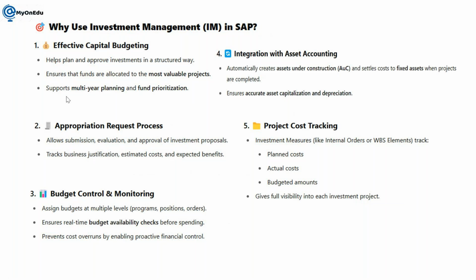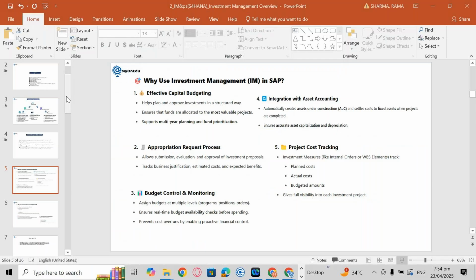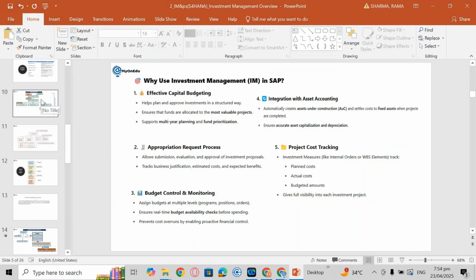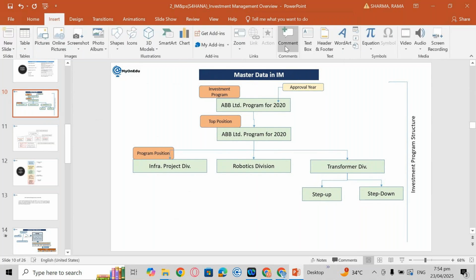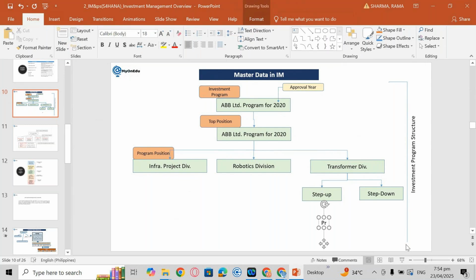So what is happening in this case whenever we are doing this planning? First we are creating this structure. So whenever any demand is coming, we are adding it here. Here we are calling it a proposal or demand.